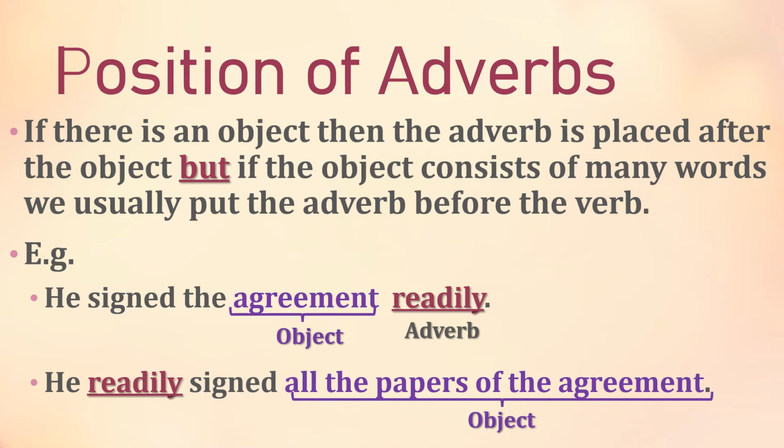Now, since our object consists of many words, we will not place the adverb after the object or before the object. No, we will not do that. In this case, our adverb will just go before the verb. So that is why I have written readily right before the verb, that is signed. He readily signed all the papers of the agreement.